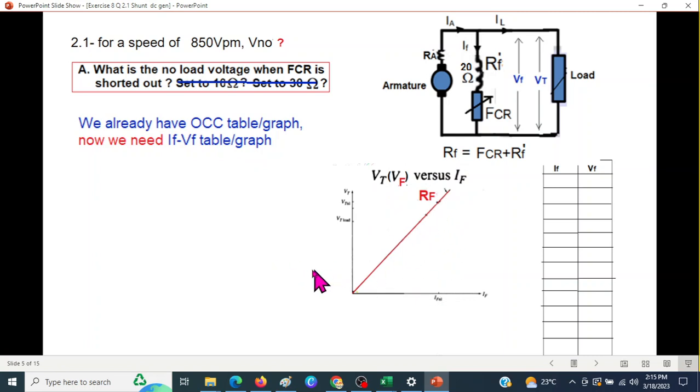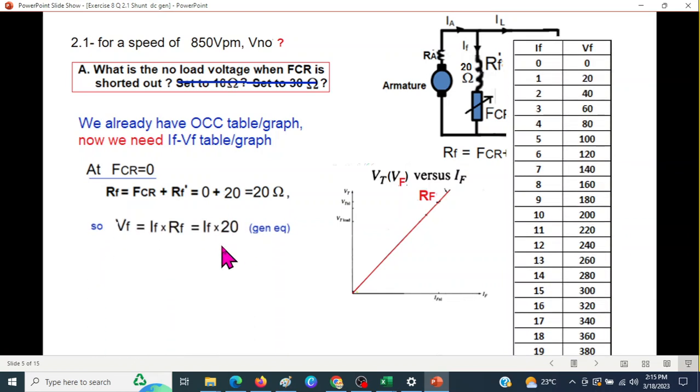And how to calculate this graph: when FCR is 0, from this formula RF will be, this is 0 and RF dash is 20, so 20 ohm. And so the VF will be IF into RF, or IF into 20. So we'll call this the general equation for this particular RF value.